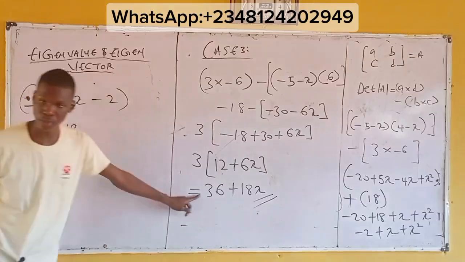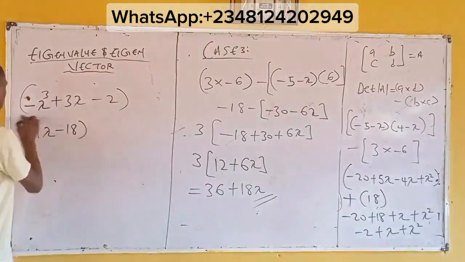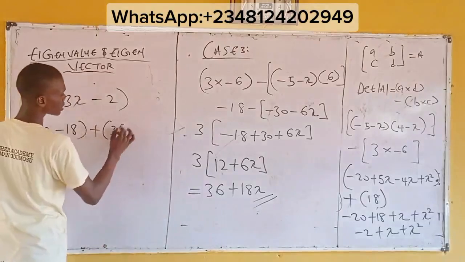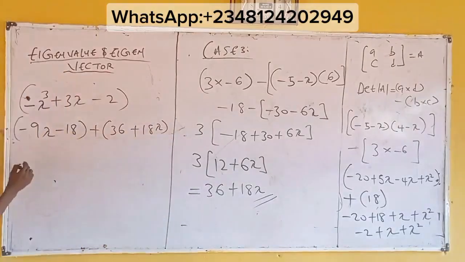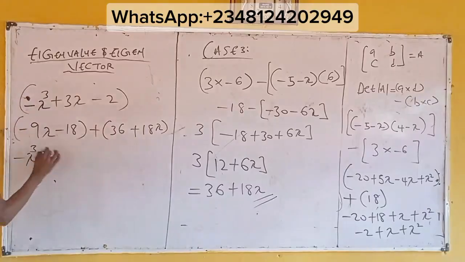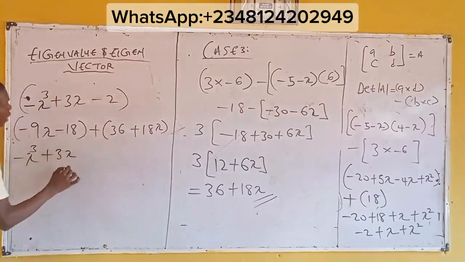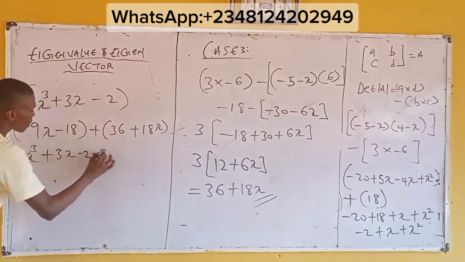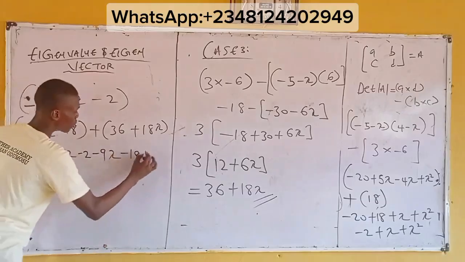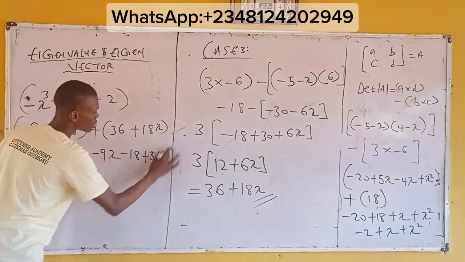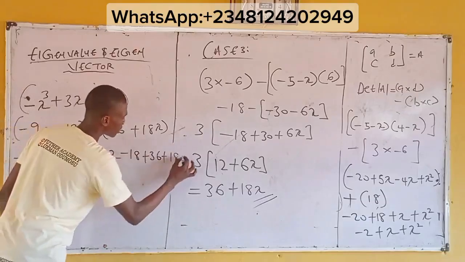Then for case 3, we got this right, meaning plus 36 plus 18 lambda. From here, what do you have? Negative lambda cube plus 3 lambda minus 2 minus 9 lambda minus 18 plus 36 plus 18 lambda.